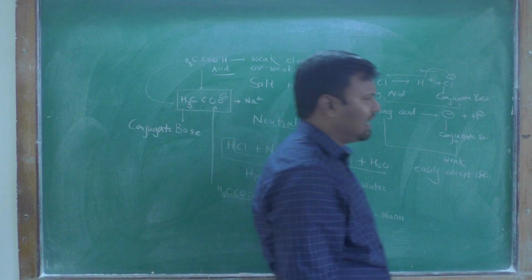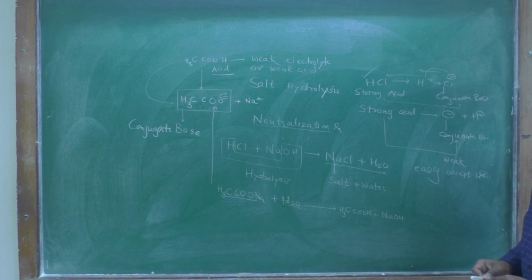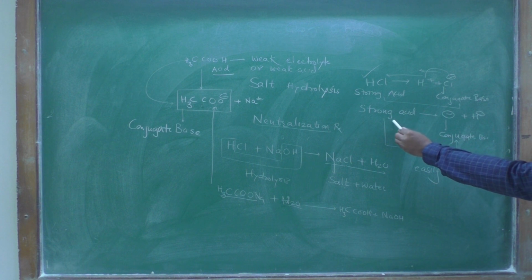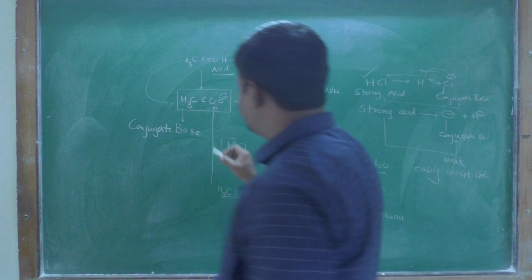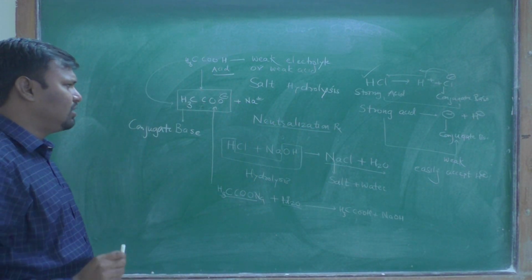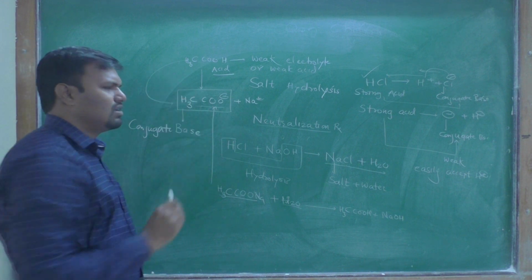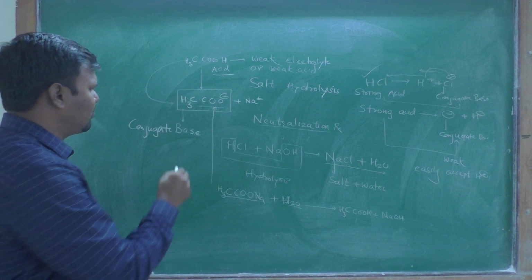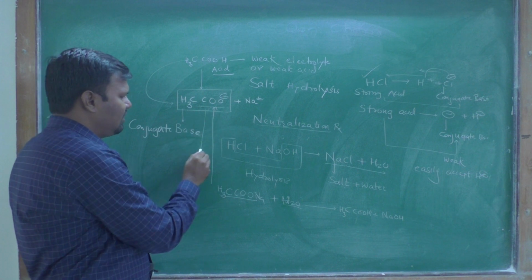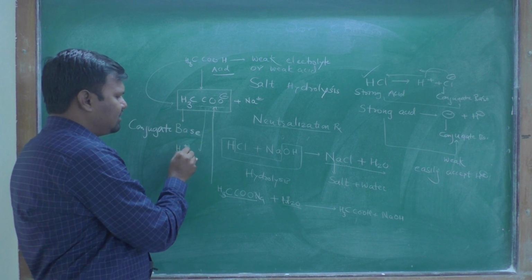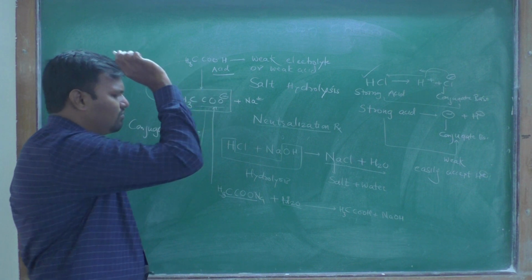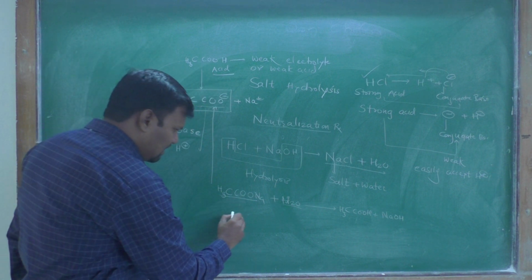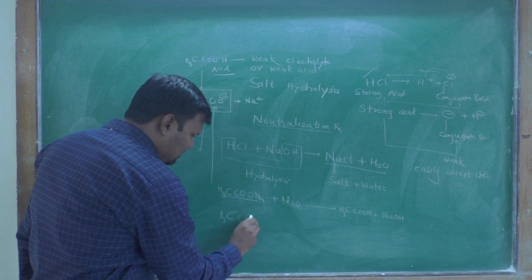Okay, like that we have seen that strong acids give a weak conjugate base, and a weak acid gives a strong conjugate base, therefore it has the tendency to easily accept the H plus ion, because a strong base is obtained from a weak acid. Therefore in this case CH3COO minus is a strong base.